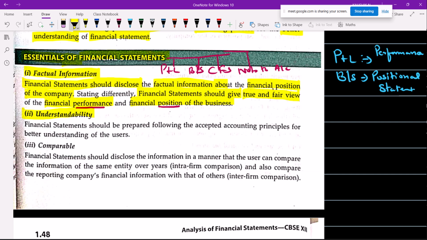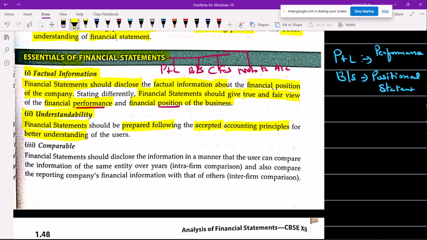The statement should ensure that users are in a position to understand. So people who don't have knowledge of a particular subject, even when they look into it, will have at least an idea about what it is. It should not be completely incomprehensible. So understandability: your financial statement should be prepared following the accepted accounting principles for a better understanding of the users.